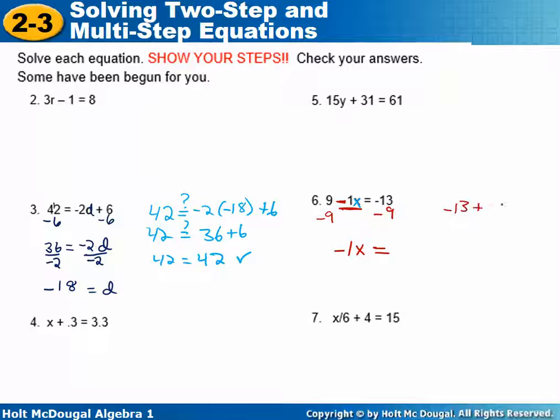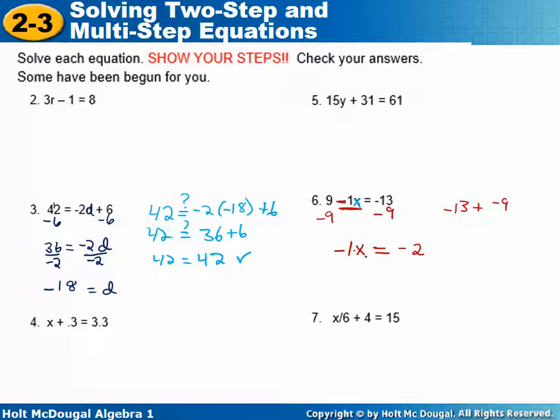That's the same as negative 13 plus negative 9. So check it with the calculator if you want to, but that is negative 22. And they're both negative, so you add the numbers together, and then you take the sign of both, which is a negative. Now I have negative 1x equals negative 22.